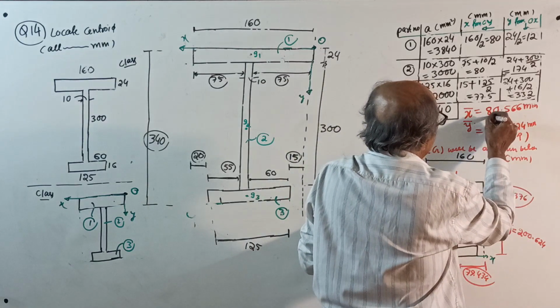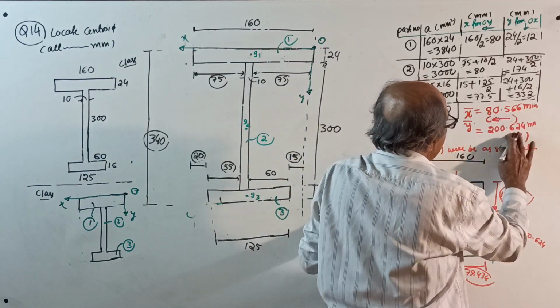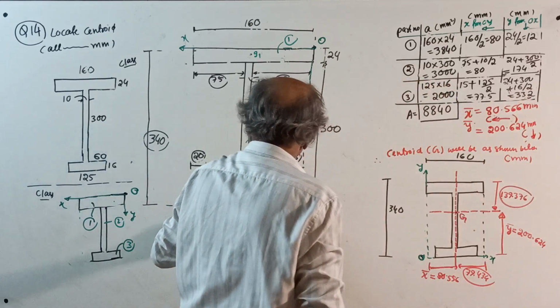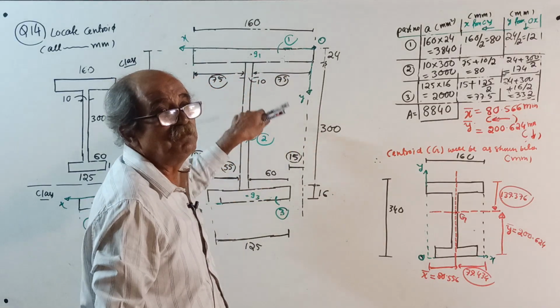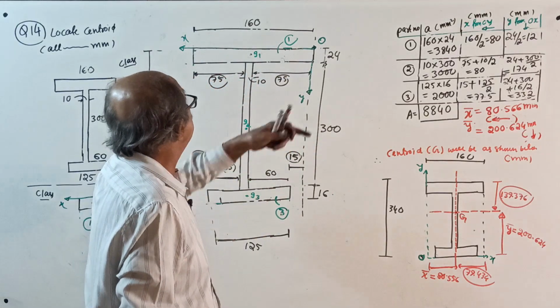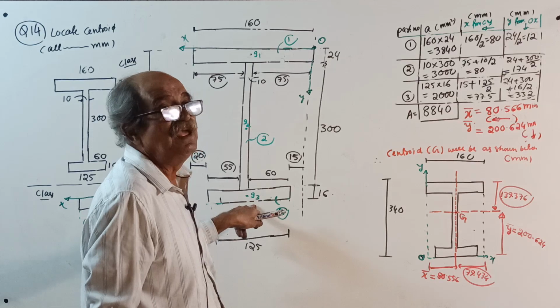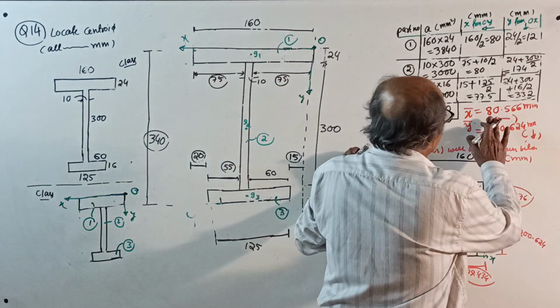See, x bar is to the left side and y bar is down. Last time, by mistake I first took 1, 2, 3 here, marked G1. Then I decided to go for same fraction. Suddenly forgot to change this G1 to G3. Change it. Now x bar will come.